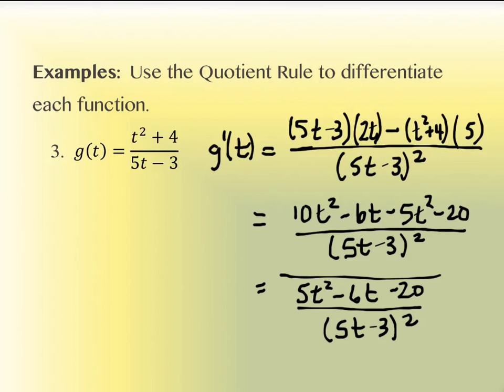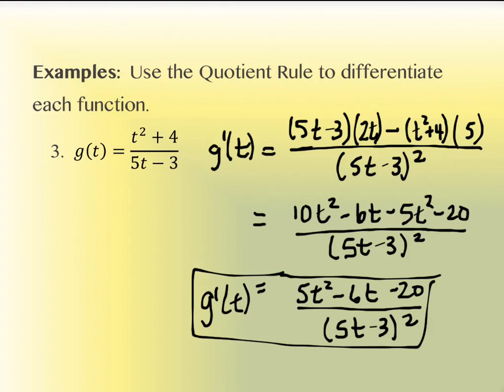Now, one thing to be aware of is that if we had the ability to simplify the numerator with the denominator, we would want to do so. This one does not have that ability, and I can see very quickly why. While I certainly could have a factor of a 5t at the beginning if I were to try and factor this, there's no way I can factor the 20 into having a factor of 3.